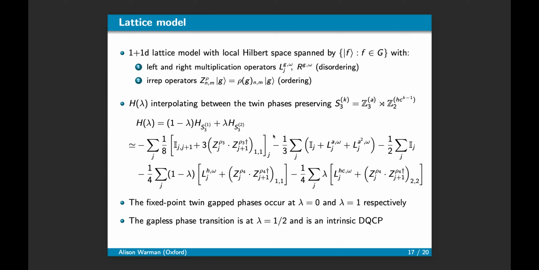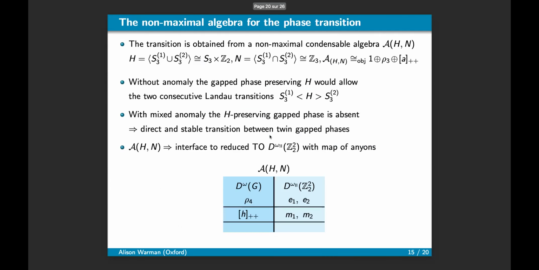But effectively, what happens is that the Z3 part is frozen, and the effective transition is the Z2 squared one. We did it previously, not just writing the lattice model, but we derived it from these algebraic considerations, and the CFT is telling us that this reduced theory would lead to a mixed anomaly. And this continuum analysis then translates into the lattice.